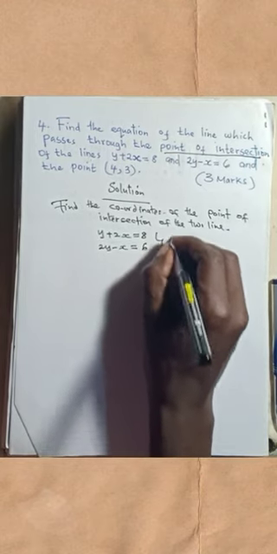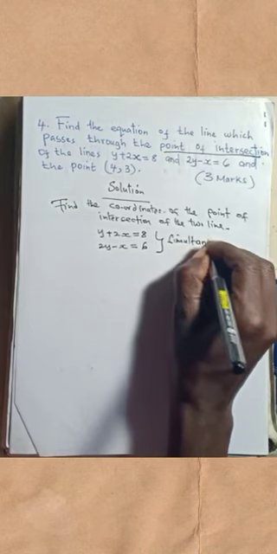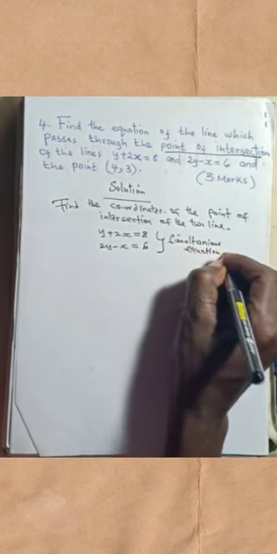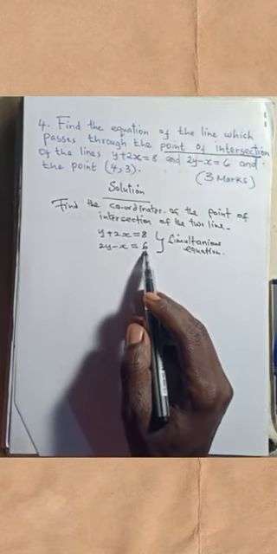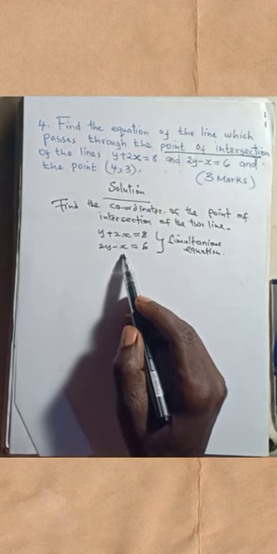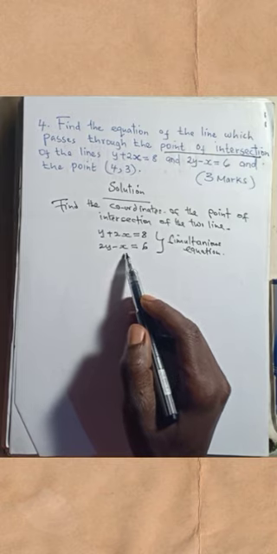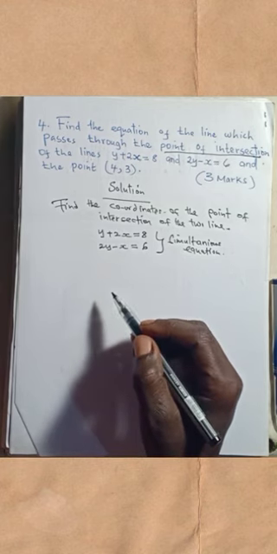These are two simultaneous equations. We need to solve them. We have several methods of solving simultaneous equations: a graphical method, elimination method, substitution method, and using matrices.